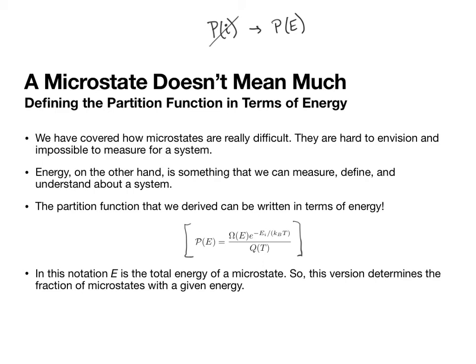Instead, it's thinking about a fraction of the microstates, so the conditions of the entire system with a given energy. And it doesn't matter what contributions to the system that these different molecules are making. As long as the system has the same energy, it's going to be factored in.